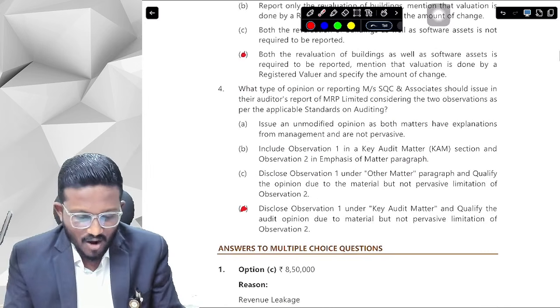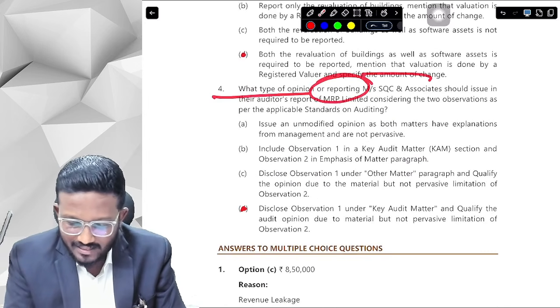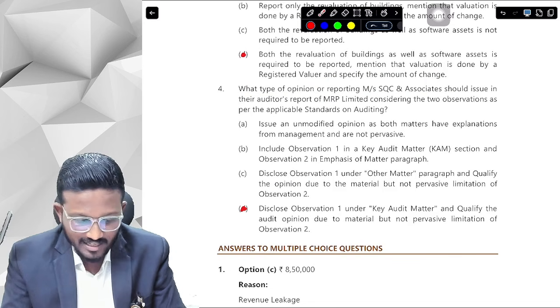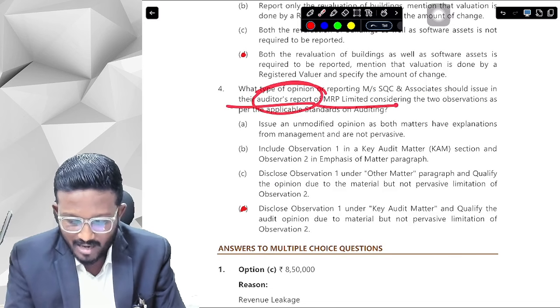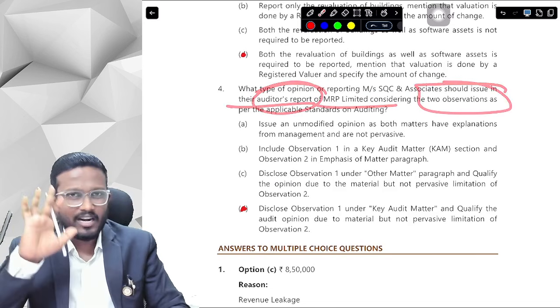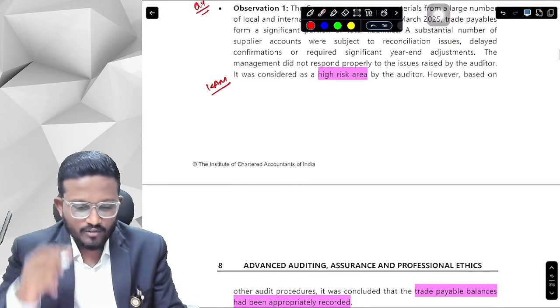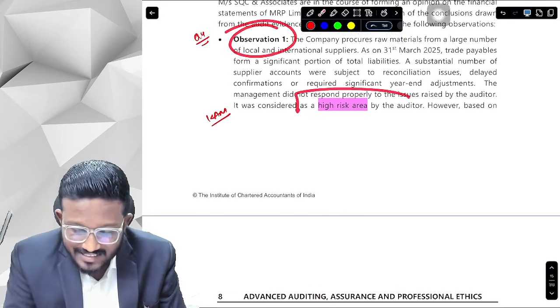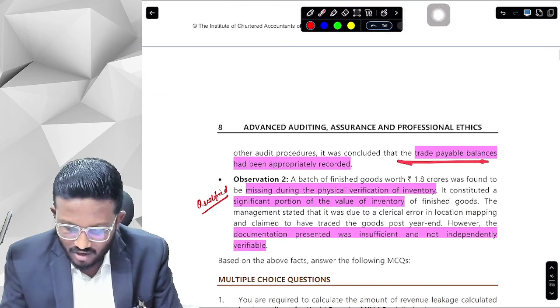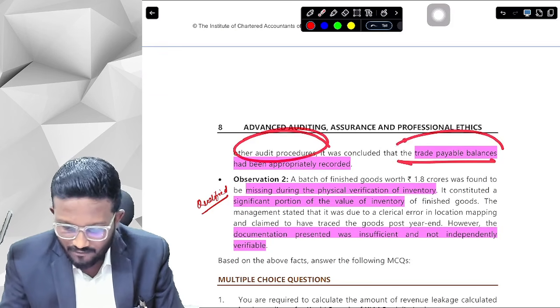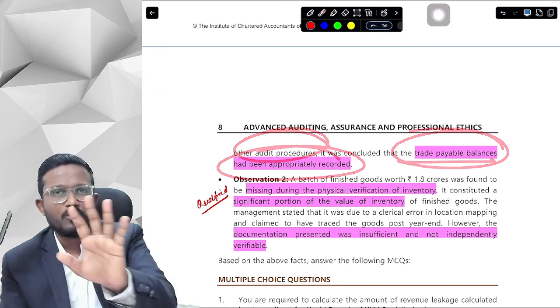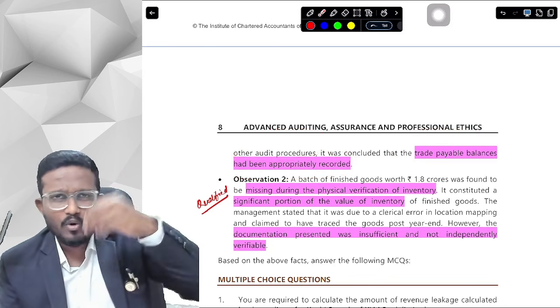Okay, yes, sir. Now it says, what type of opinion or reporting will Messrs. SQC and Associates issue in the auditor's report in MRP Limited, considering two observations? So there are two observations and we need to consider what kind of opinion or matter we will need to report. First of all, in observation 1, it is a high risk area. However, based on the other audit procedures, we have concluded that trade payable balances have been appropriately recorded, which means that we need to issue an unmodified opinion.